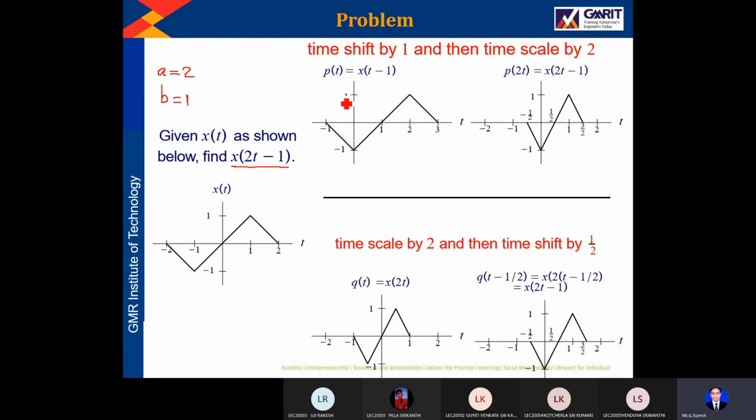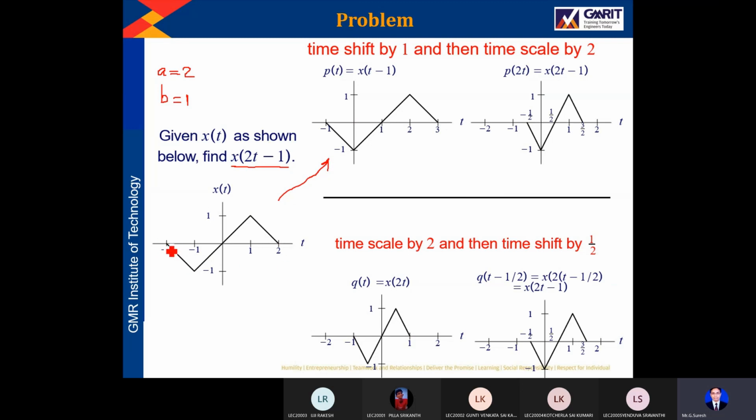So first we will time shift the signal x of t. Consider only x of t and shift the signal. Because b is positive, the signal will be shifted to the right side.